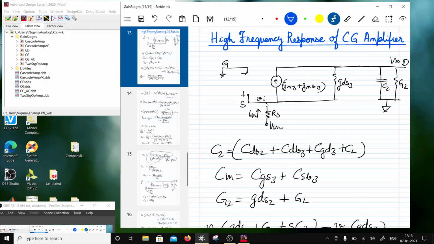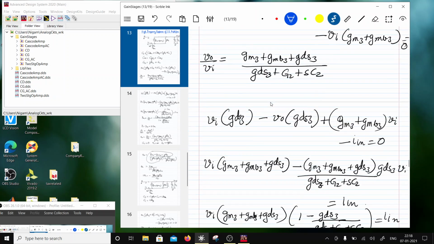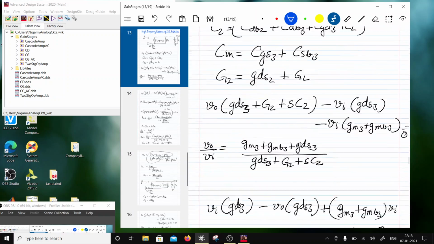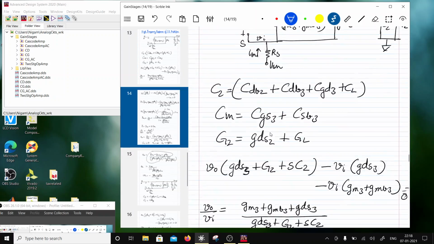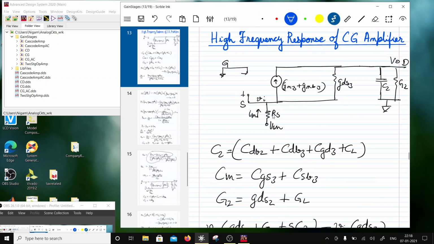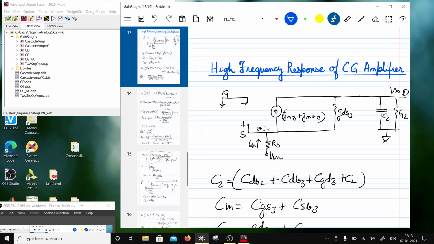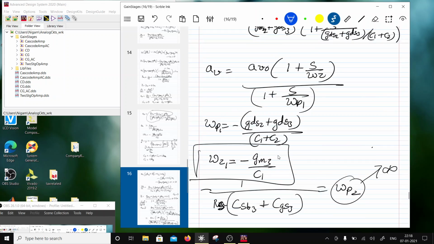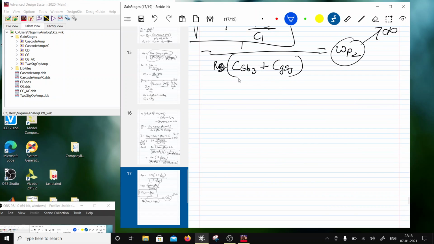Then there is a second pole which will come at a very high frequency due to the input node, right? So when this RS is very small, that would be at infinity. Ideally it is not at infinity, but if RS is 0, the second pole moves to infinity. So this is what we discussed in the case of a common gate amplifier, as you see over here.